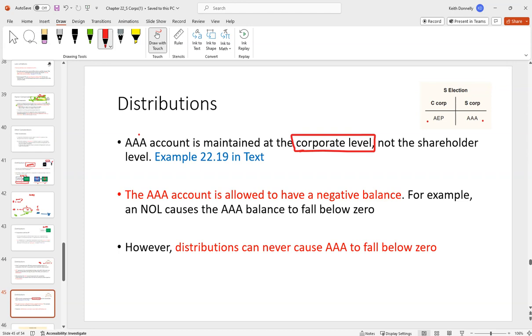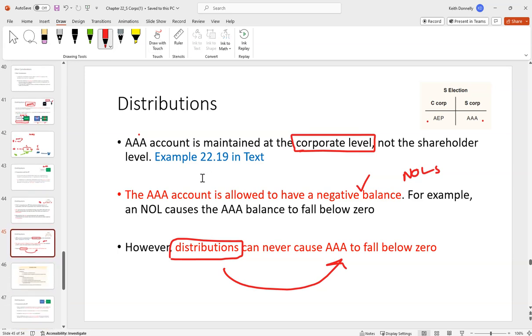The AAA is interesting because this is one of the few times where it can have a negative balance. However, it can only have a negative balance if the operations are at a negative. In other words, distributions cannot throw you into the negative, but NOLs can throw you into the negative.